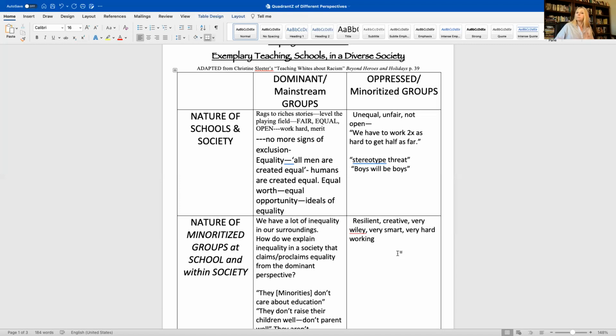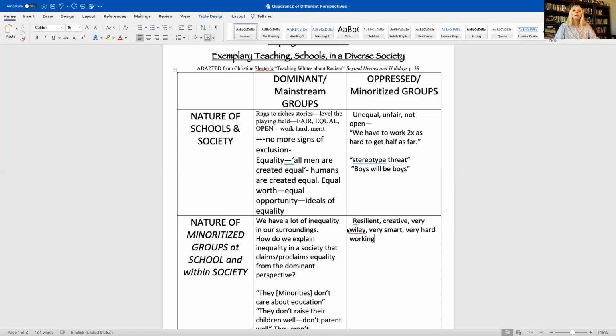So you kind of had to be part of that group to know what it was, but they were very aware of how resilient and creative they were. And you see the same thing with other groups, like the United States has a very anti-Asian history to it that goes far beyond internment camps, although that's a good example of it.